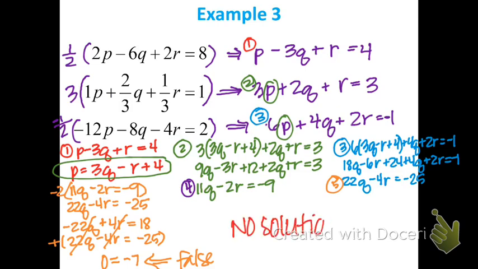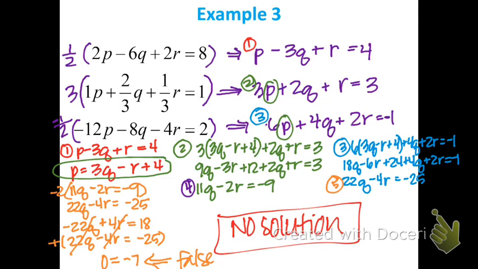So if you are solving and you get a false statement, 0 does not equal negative 7, hopefully we all know this, then it is no solution. So we've done 2 cases now: a case that has a solution and a case with no solution.